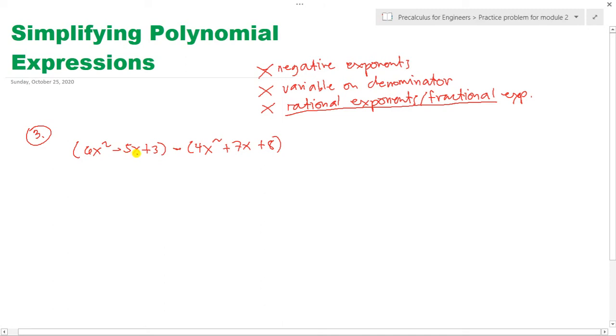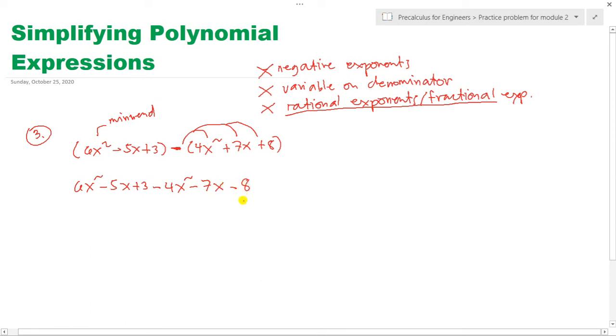In subtracting polynomial expressions, class, you just copy the minuend. So we have here 6x squared minus 5x plus 3. But for the subtrahend, class, you should distribute the negative sign to each term in order to alter their signs. So we have here negative 4x squared, negative 7x, then negative 8.